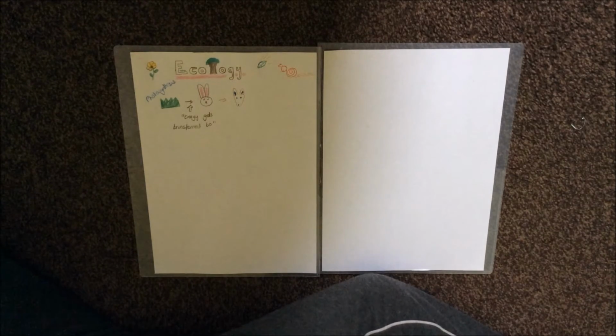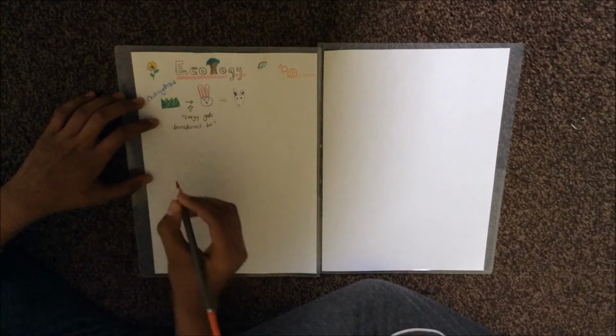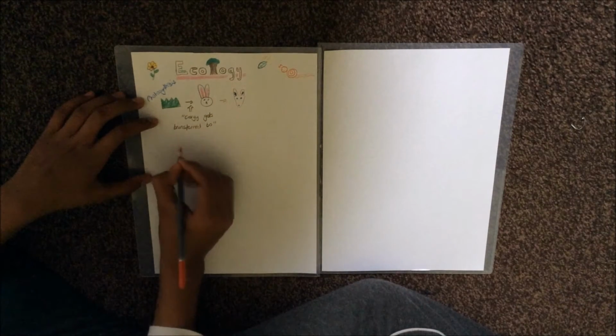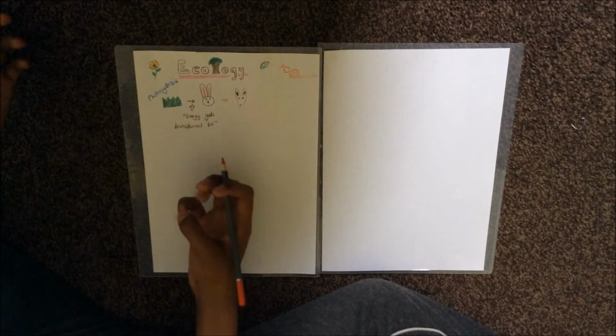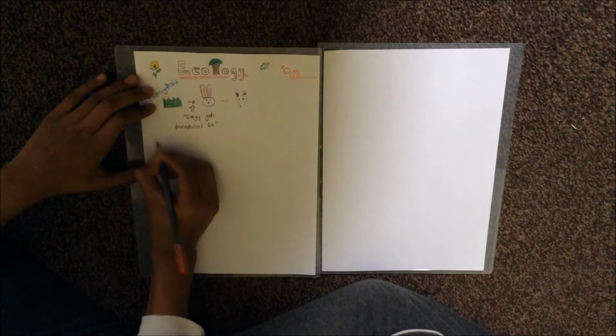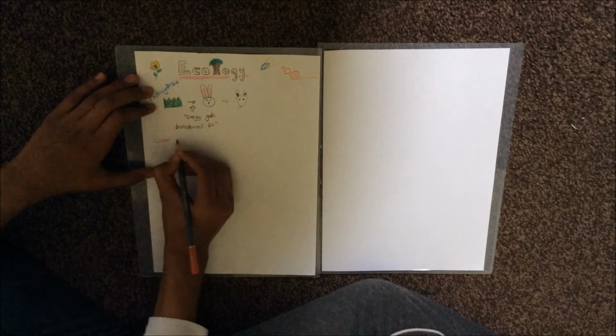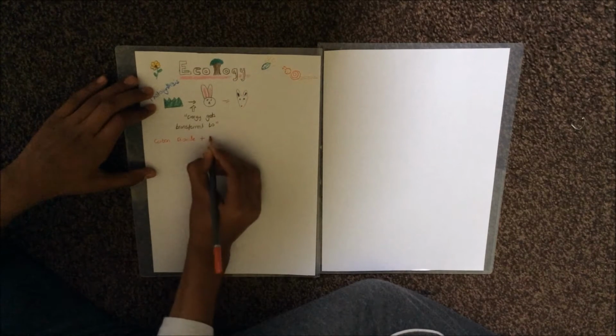So if we write down the chemical equation for this, we know that there's light energy, but we don't consider light energy as an ingredient. What we do consider are carbon dioxide plus water.